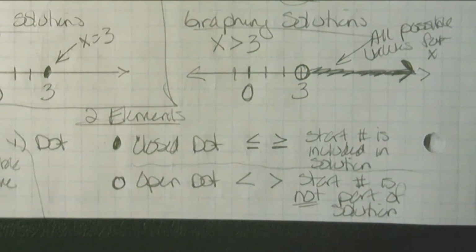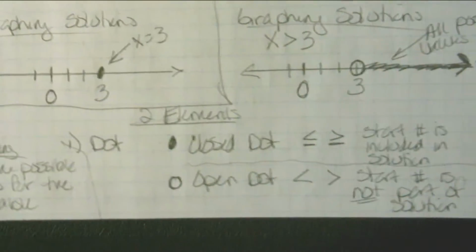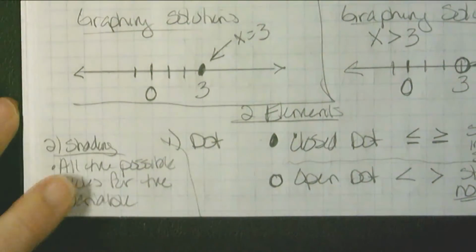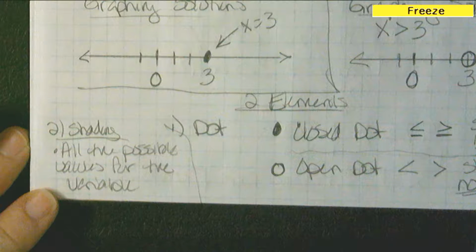Okay, so what I want to do is I'm going to give you a couple of solutions that I want you to graph. Audrey, what do you need to see? All right, so I'm going to give you 4 inequality solutions that I want you to graph. When you're figuring out your shading, you're looking to see what side of the inequality is facing the variable.